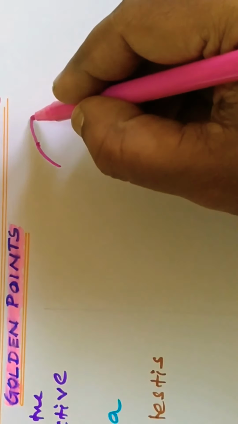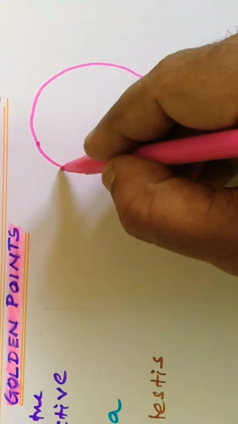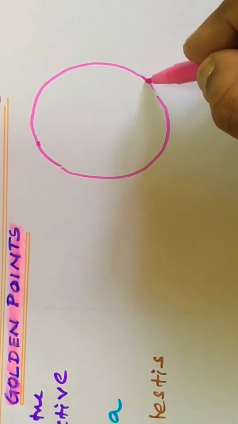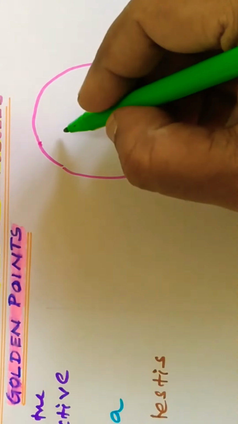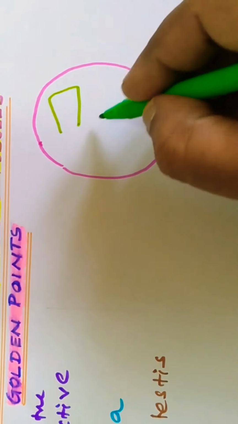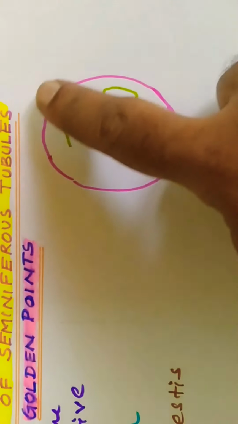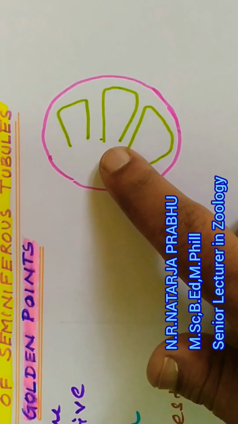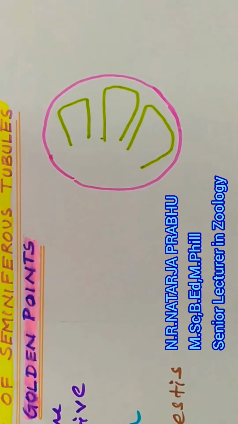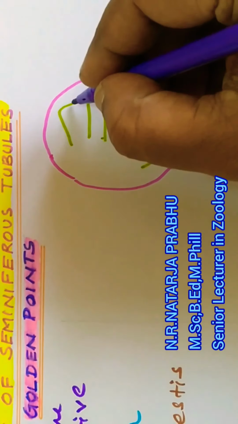This is a single testis cross section. Each testis is made up of 200 to 250 compartments.